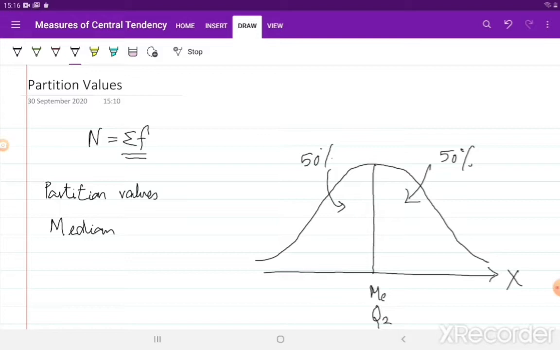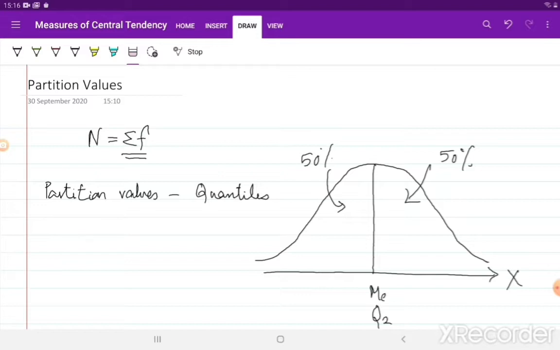That is, the remaining 50% of the observations are greater than the median value Q2. There are other important and popularly used partition values. Now these partition values are also called quantiles.